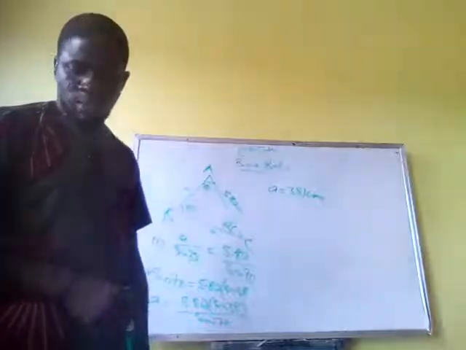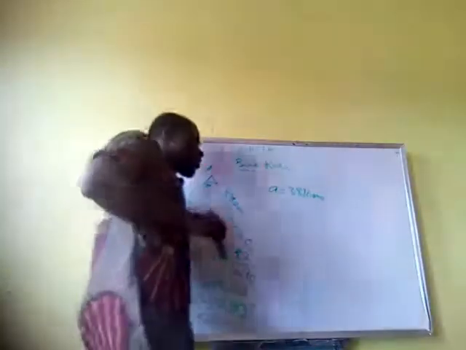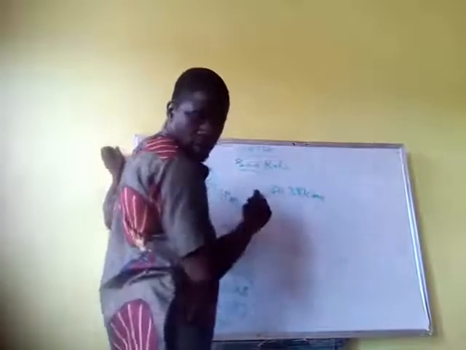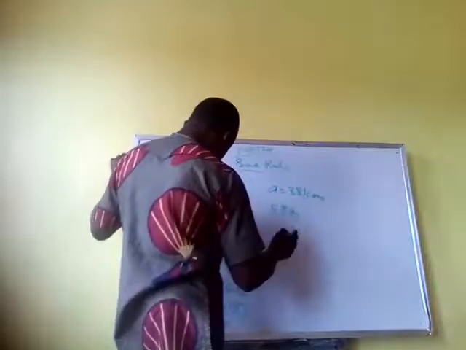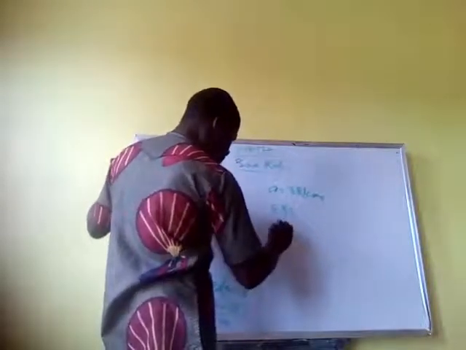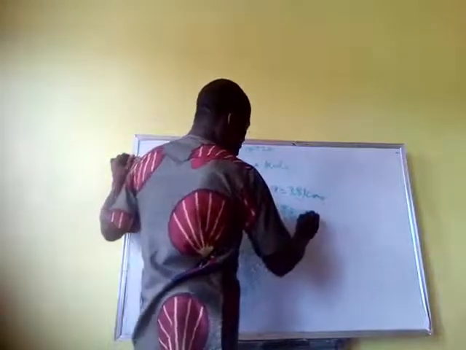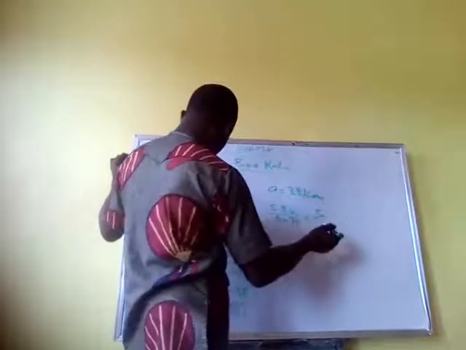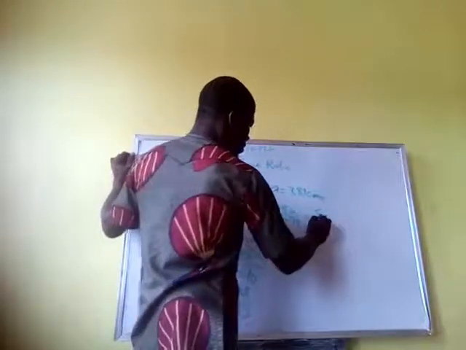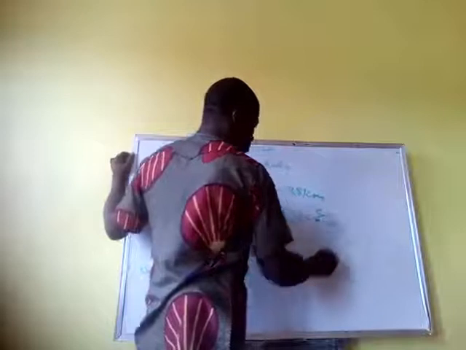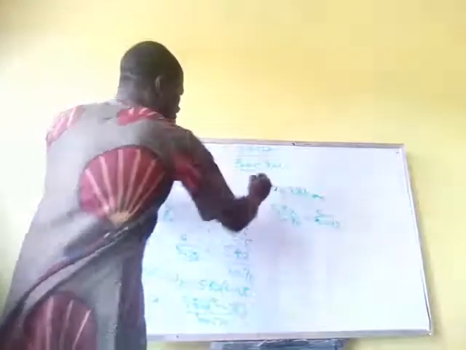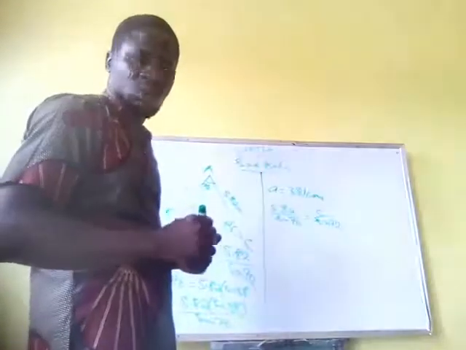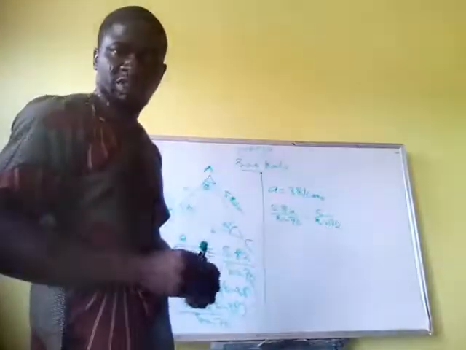So you can say 5.82 over sine 70 equal to c over sine 72. And let's draw your line so that we don't get confused.